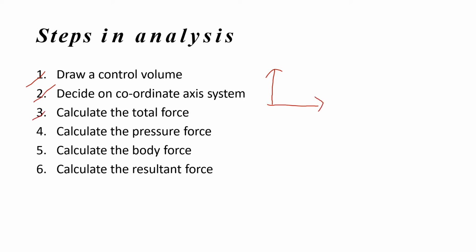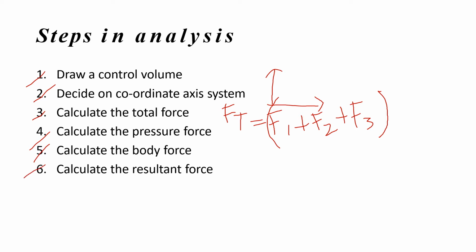Just now, total force is F total equals F1 plus F2 plus F3, and then we need to multiply with the change of velocity, and then calculate the pressure force, calculate the body force, and lastly the resultant force is negative F total equals R. Okay, the resultant force is from the F total.